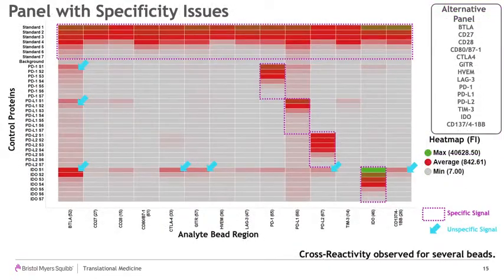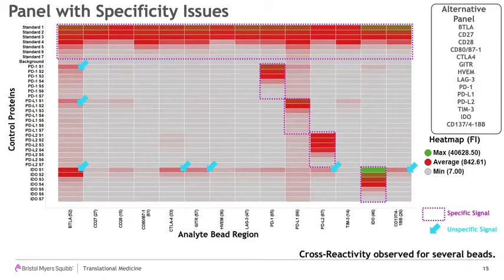At the time, we were also evaluating other kits, and I'm showing an example that didn't quite behave as well in this slide. Same concept as before, slightly different analyte composition. The kit standards once again behave well, and the control proteins produce strong signals with their respective beads, as you want to see.